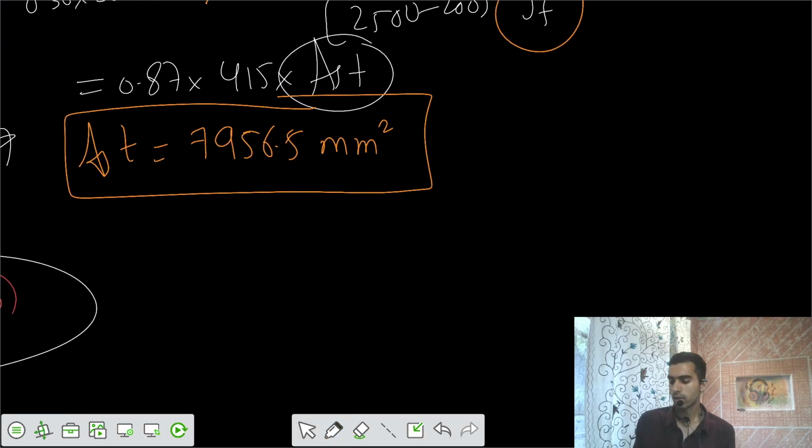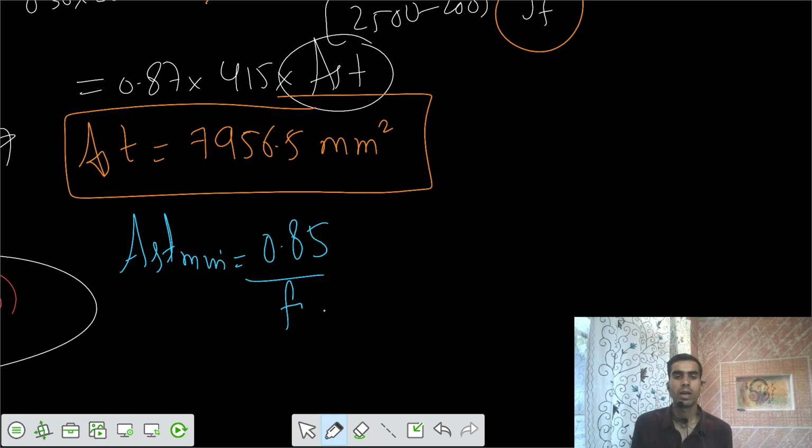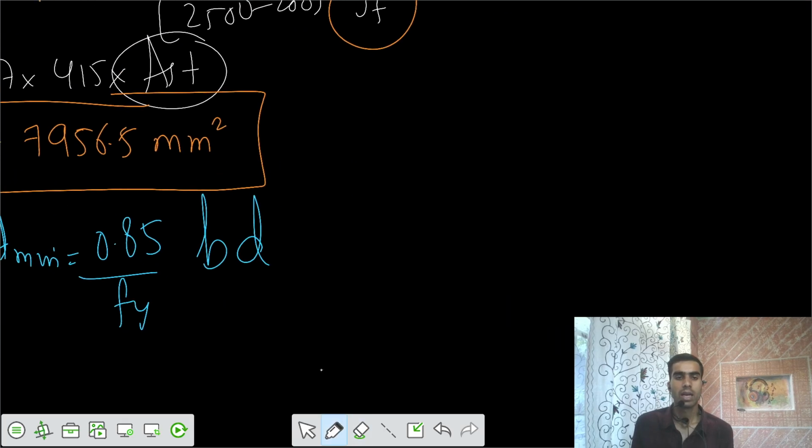Now, once I got the area of the steel required, 7956.56, we can check the limits. You can check for the minimum area of steel. Minimum area of steel is 0.85 by Fy into B times D. But here we take B as BW and D as the 900 effective depth.